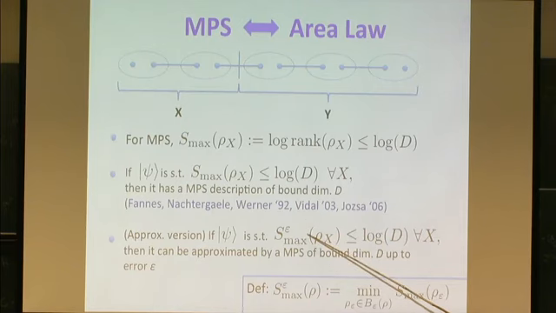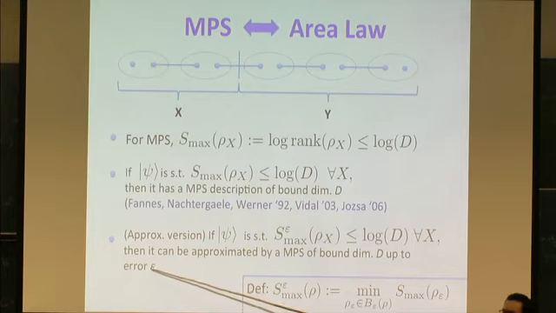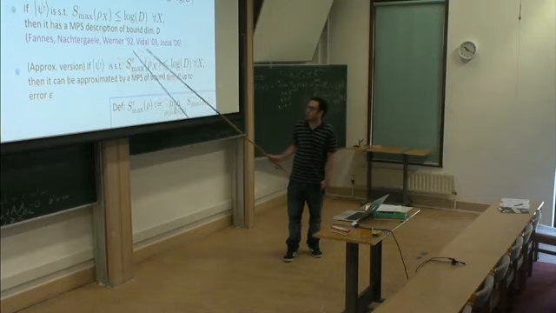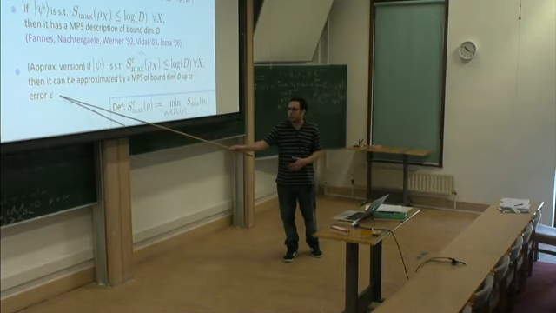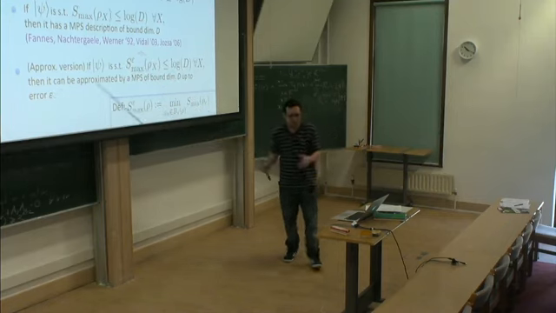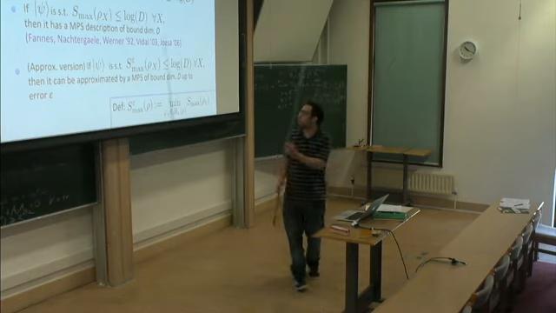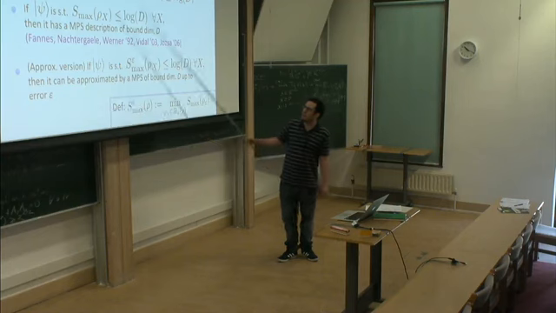Then even if this is small, maybe there is not exactly a matrix product state, but the state can still be approximated by a matrix product state of bond dimension d, up to an error, which should be epsilon times n. So for this to be useful, epsilon has to be pretty small, smaller than 1/n. That doesn't matter too much.